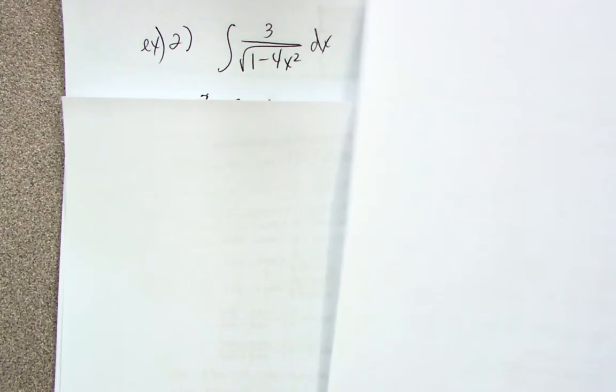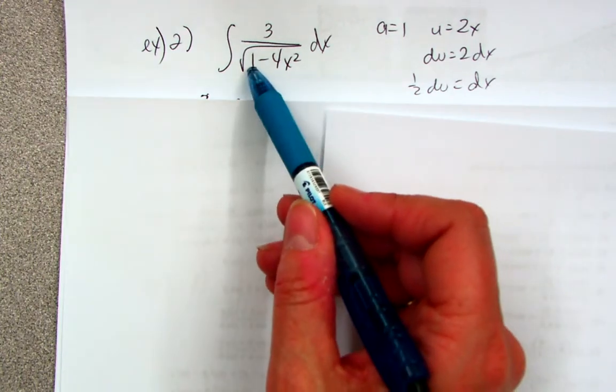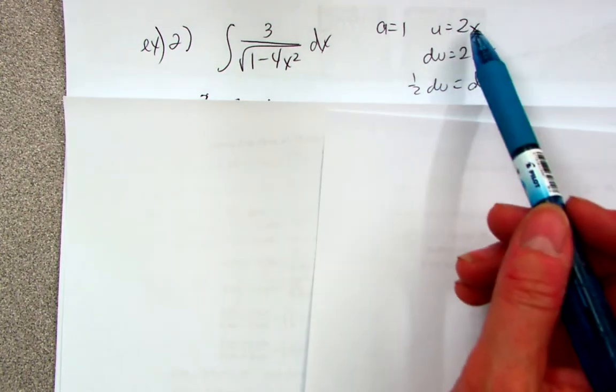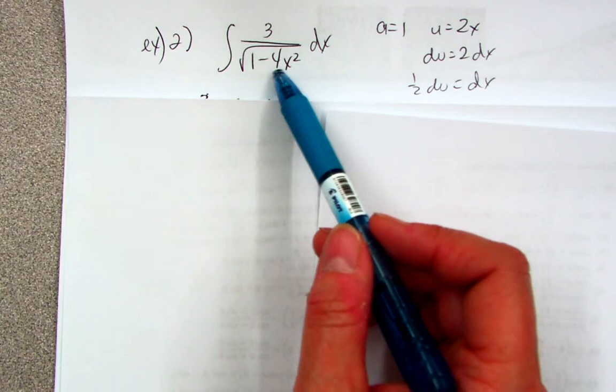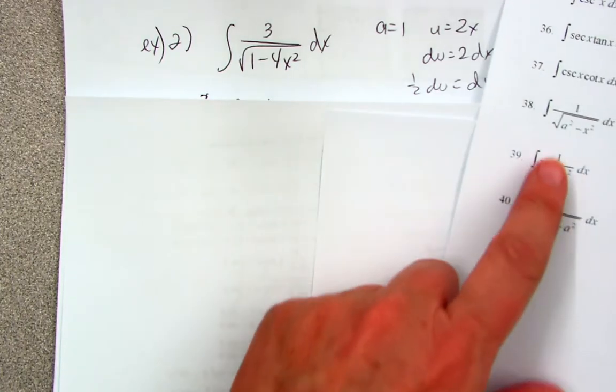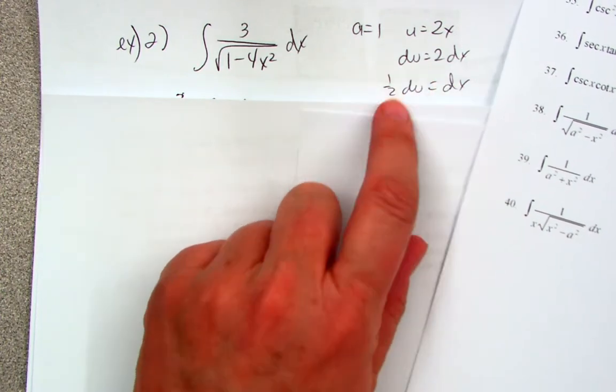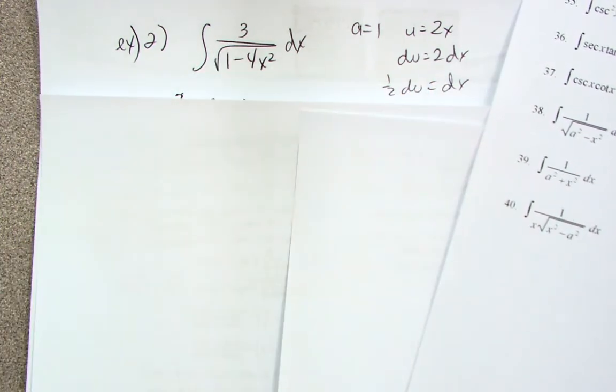So the first thing you want to do is denote what the a is, which is 1, right? It's going to be a squared. The u is 2x, because when I square it, isn't that where you get the 4x squared? Again, you're trying to match this problem here. And the du is 2 dx, which is 1/2 du equals dx, because I don't have a 2 there.